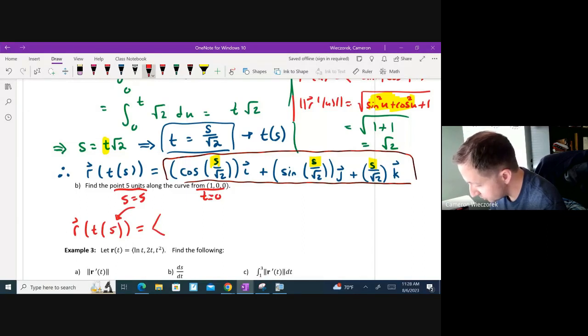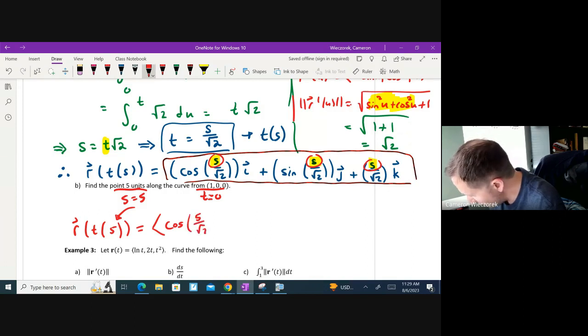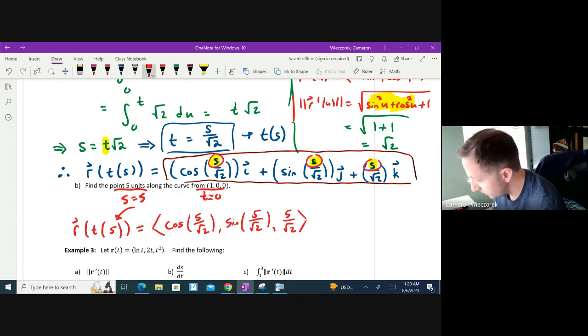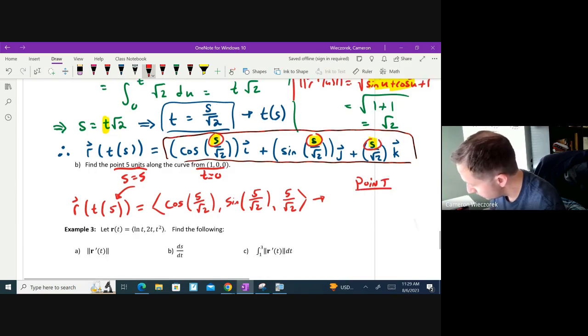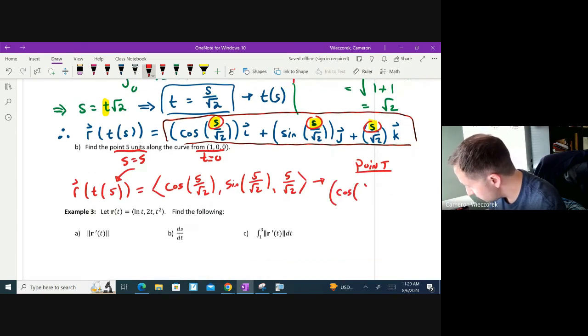The position vector, 5 units along the curve, would be cosine of 5 over rad 2, sine of 5 over rad 2, and then 5 over rad 2. They asked for a point, so let's give it as an ordered pair: cosine of 5 over rad 2, sine of 5 over rad 2, 5 over rad 2.